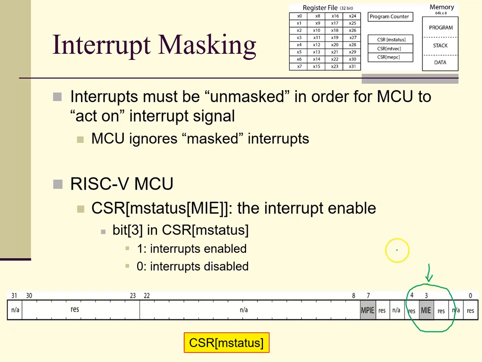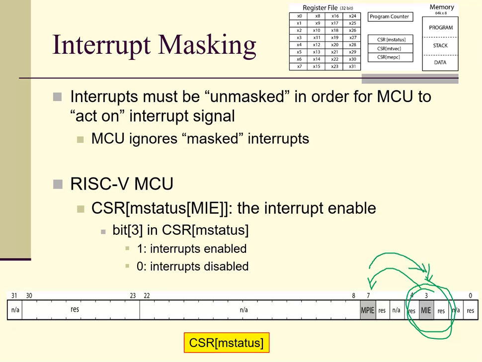But when I get an interrupt, it's going to take this bit and copy it to this bit. It has to be a 1 because I got an interrupt. On the end, when I hit an MRET and I'm leaving the interrupt, it's going to take this bit and copy it to that bit.